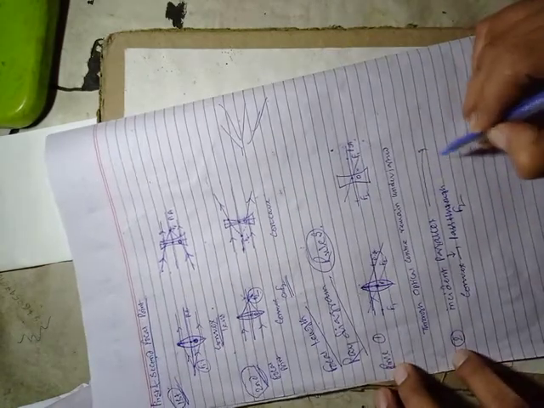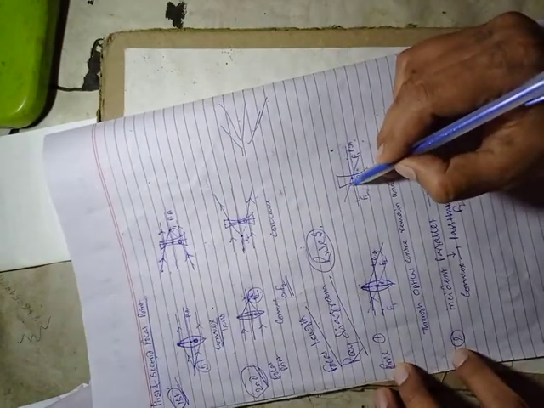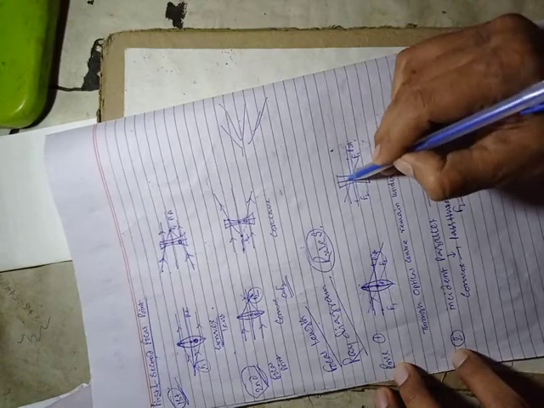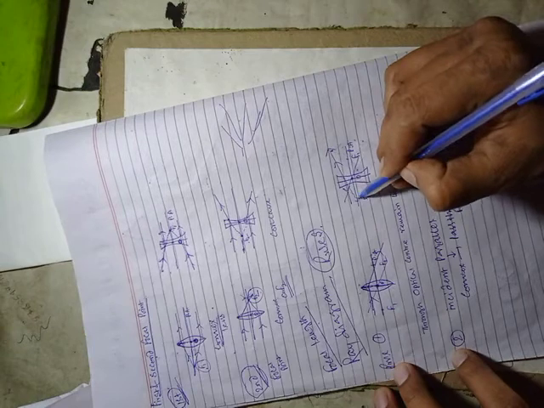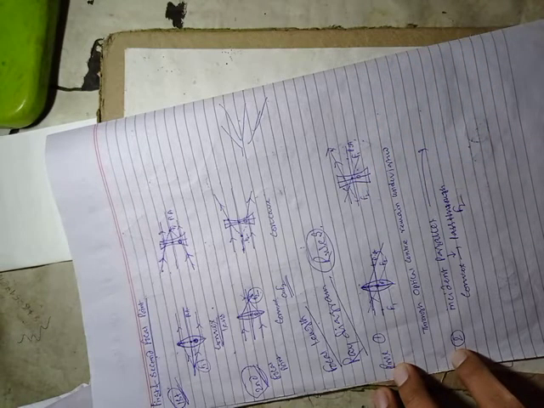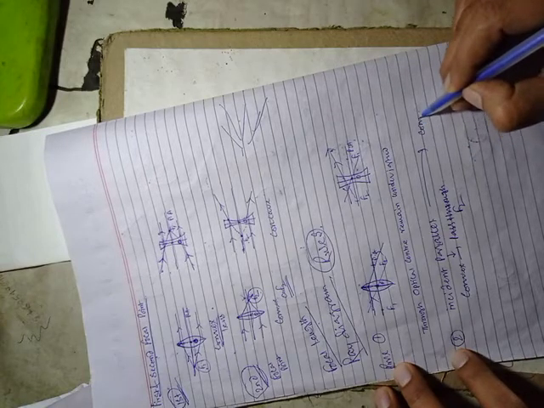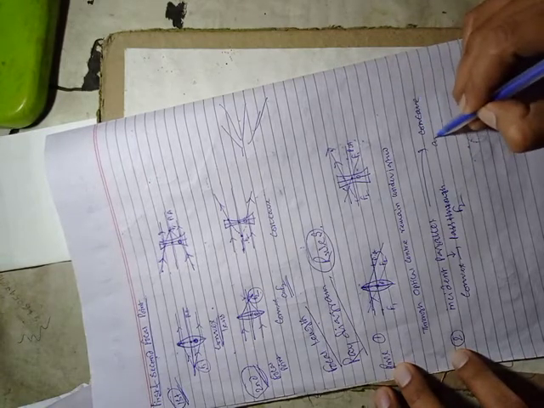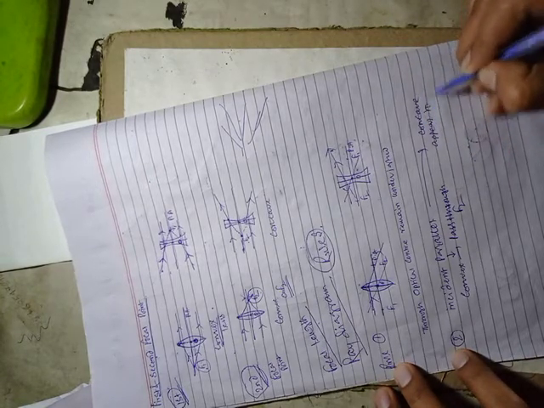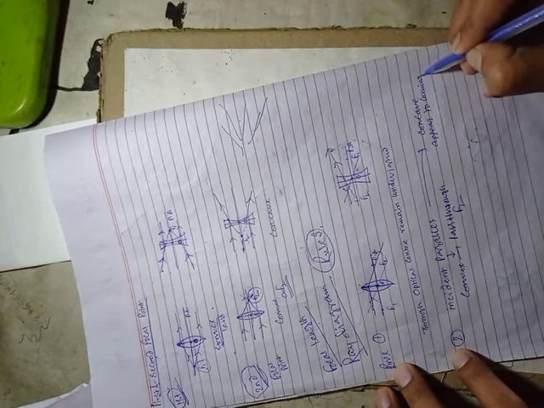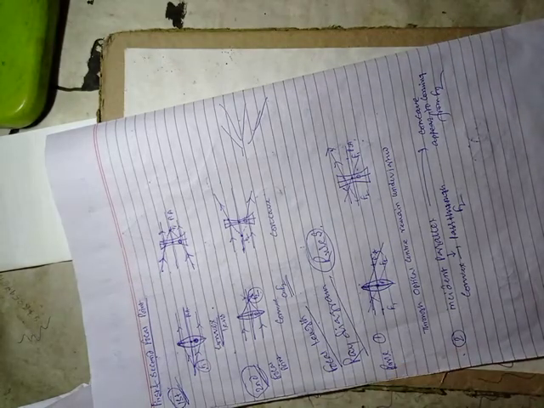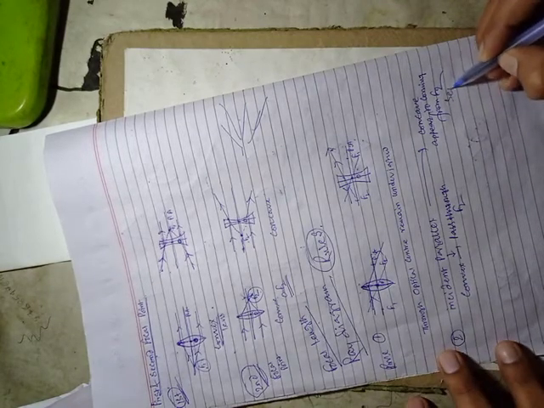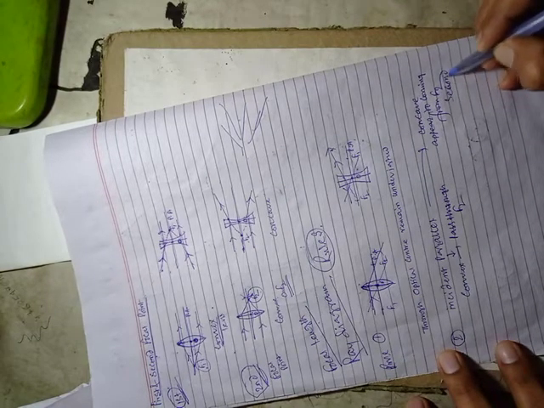In case of the concave lens, the parallel incident ray will diverge away, so it appears to come from f2. So f2 means the second focus.